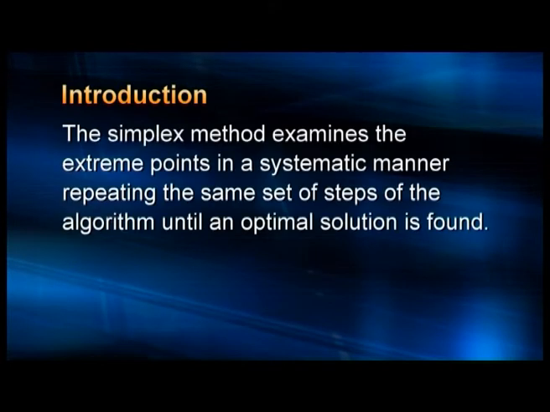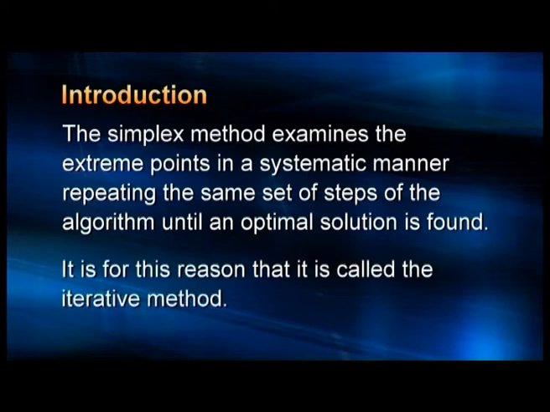The simplex method examines the extreme points in a systematic manner, repeating the same set of steps of the algorithm until an optimal solution is found. It is for this reason that it is called the iterative method.